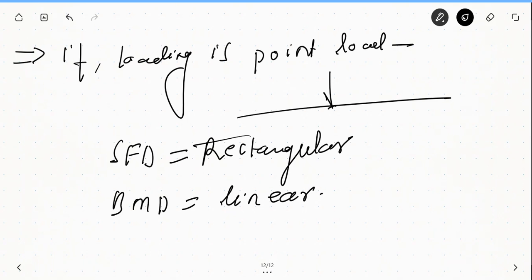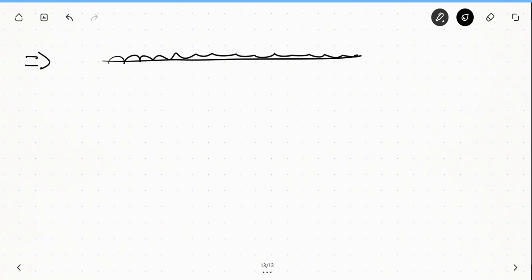Now if you increase the degree of load, the second type of load, the uniformly distributed loading condition, the shear force diagram you will get will be linear.